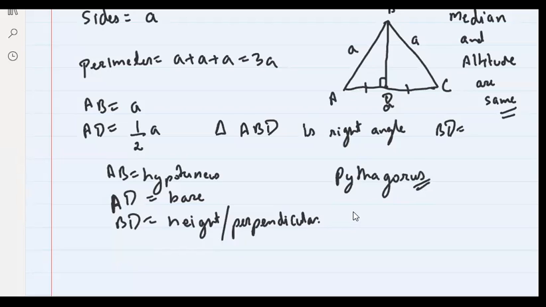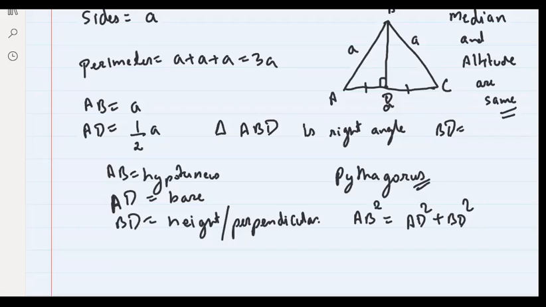What was Pythagoras theorem? Pythagoras theorem says that AB square is equal to AD square plus BD square. Yes or no? Everyone, right? AB square, which is hypotenuse square, is equal to AD square plus BD square.